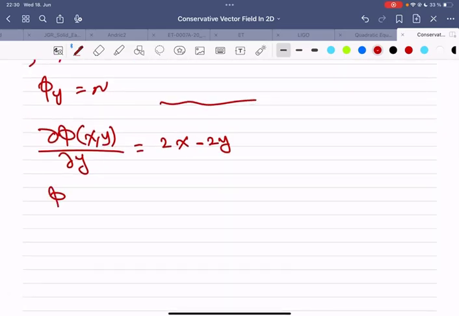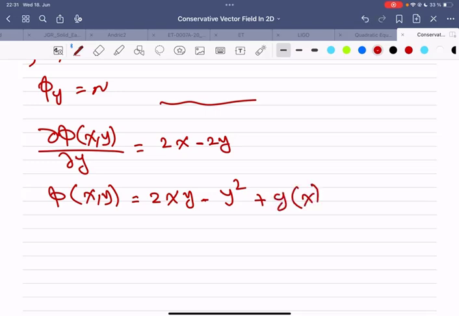So phi xy here, we will integrate according to y to get 2xy minus y squared plus function g of x, because you integrate according to y.